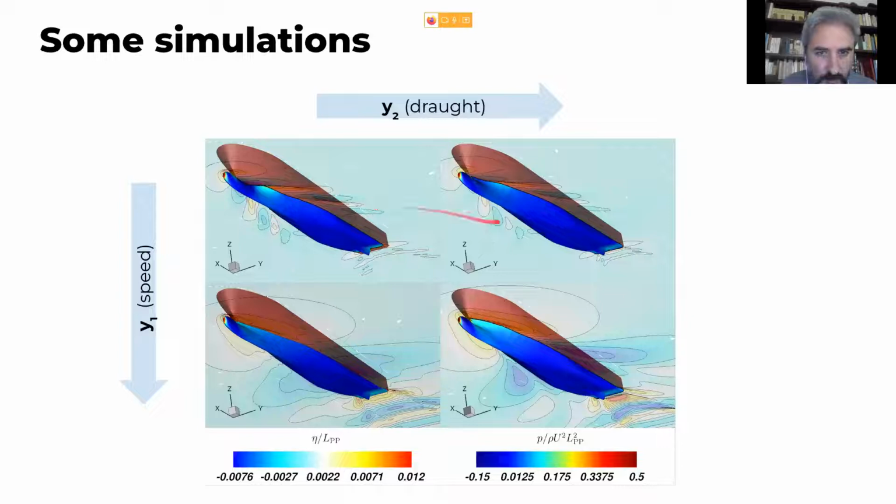And if you go from above to below, you get a faster boat. So you see that depending on the payload and on the speed, you get different kinds of waves behind the boat, but everything is pretty accurate. Let's say the colleagues in the naval engineering department say that this is a fairly accurate result.